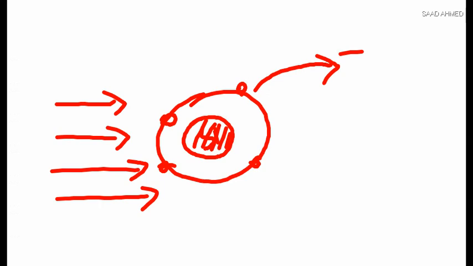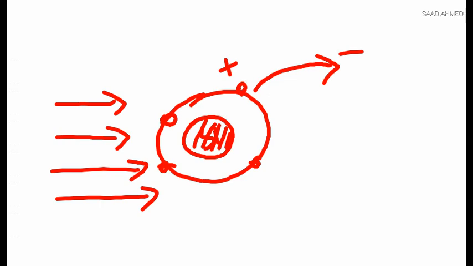What remains here is a vacant space which carries a positive charge, because initially this atom was neutral, as the number of electrons and protons was the same.